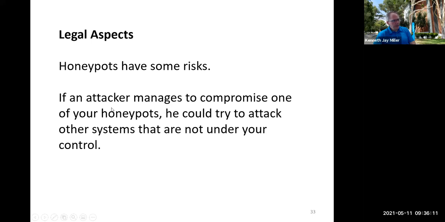But anyway, if an attacker manages to compromise one of your honeypots, he could try to attack other systems that are not under your control, right? They gain access to our honeypot, and then from that, they attack somebody else. There's some risk there.